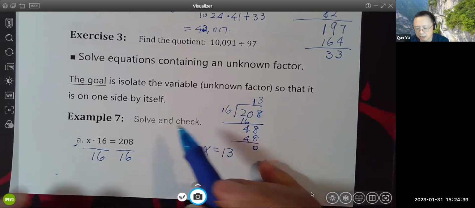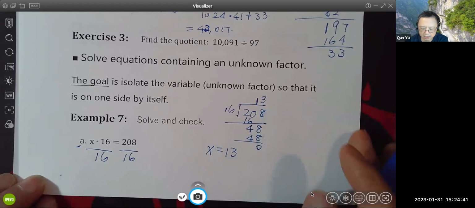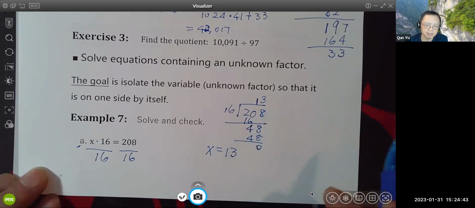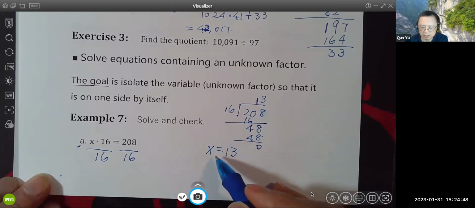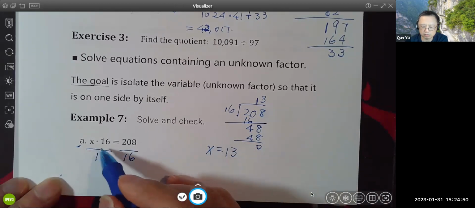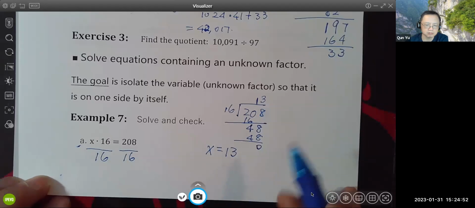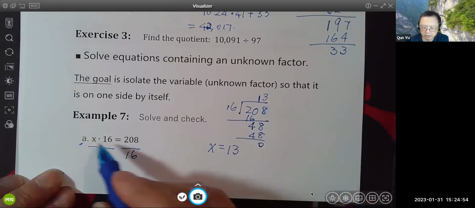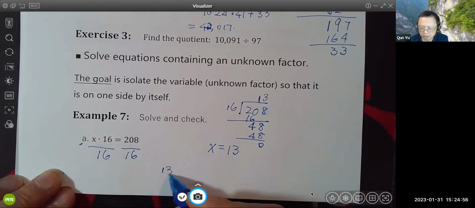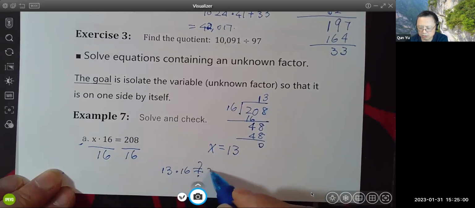It said solve and check. Again, how do you check if your answer to an equation is correct answer? All you need is plug in this number back into the equation to see if both sides of the equation equal. So x is 13. We do 13 times 16. We want to know if this result equals 208 or not. If they're not equal, my answer is wrong.